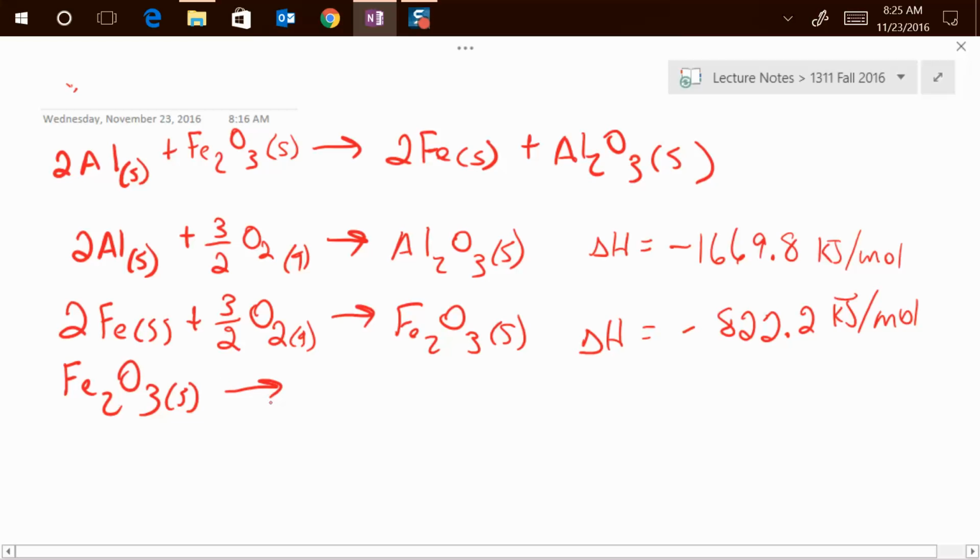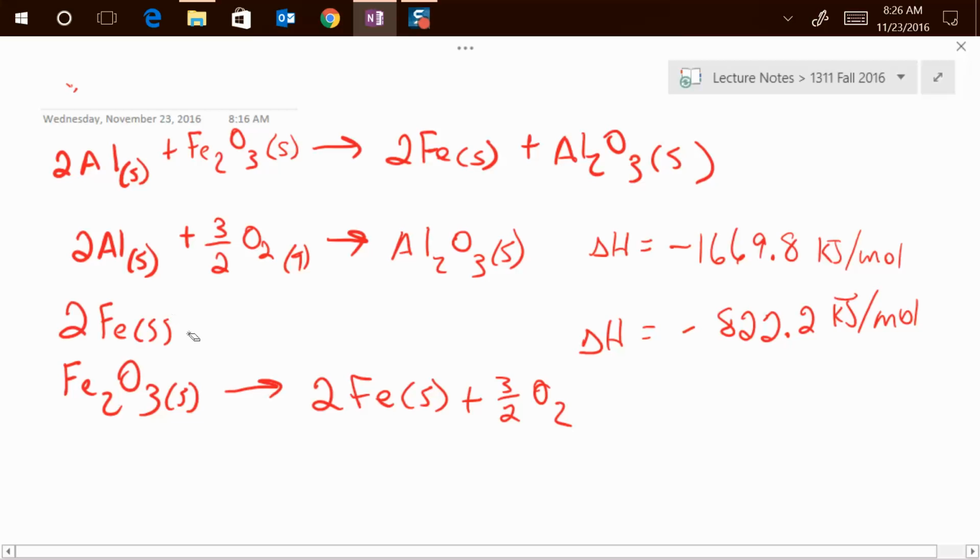Imagine that. 2Fe solid. Okay, so we're going to flip that reaction, and then my delta H is now positive 822.2 kilojoules per mole.